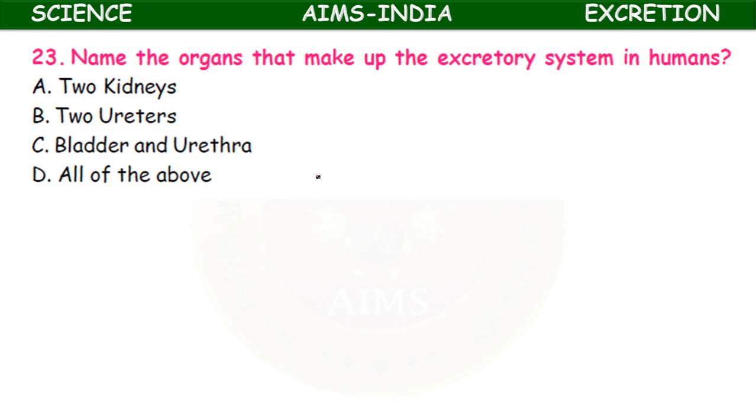Name the organs that make up the excretory system in humans. 2 kidneys, 2 ureters, bladder and urethra, all of the above. So these are all the parts of the excretory system: a pair of kidneys, a pair of ureters, urinary bladder, and urethra.